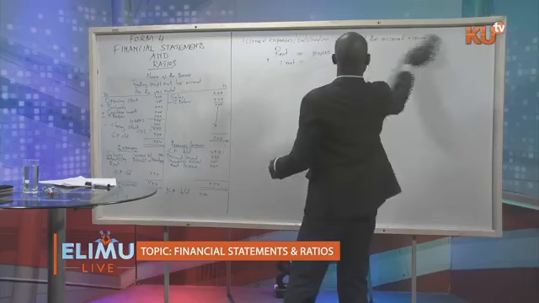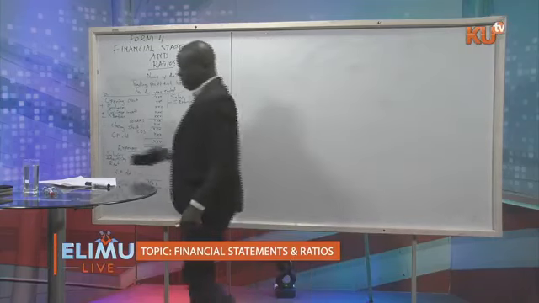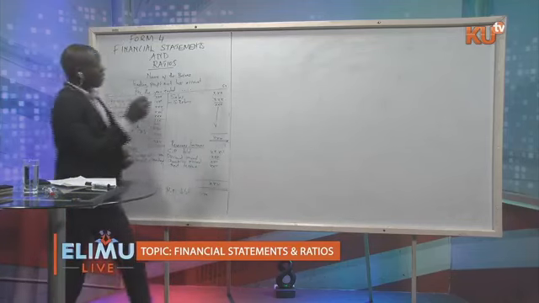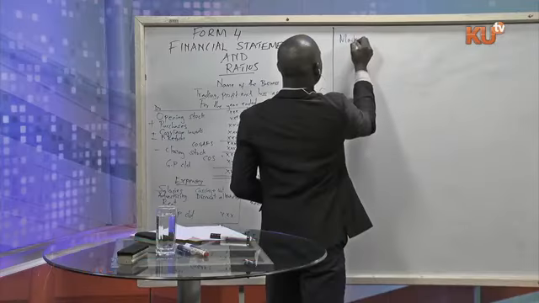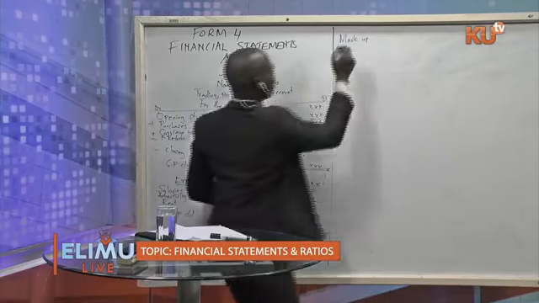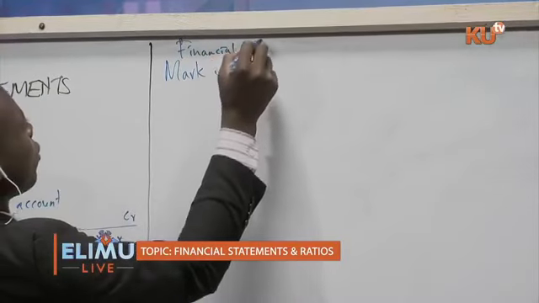We discuss how we calculate different ratios that are very important in our lesson. Now, the first main ratio that we need to know is what we call markup. We can call this one financial ratios.